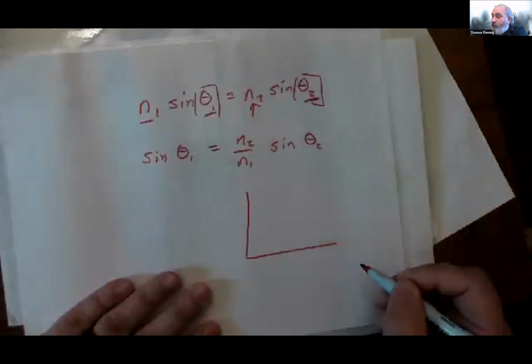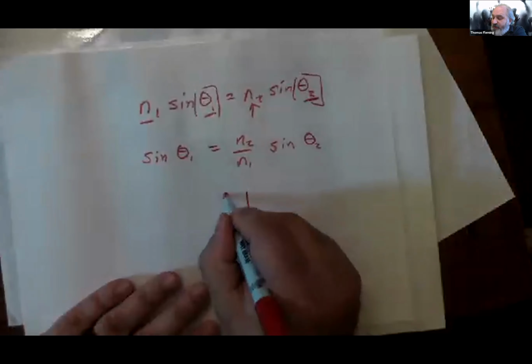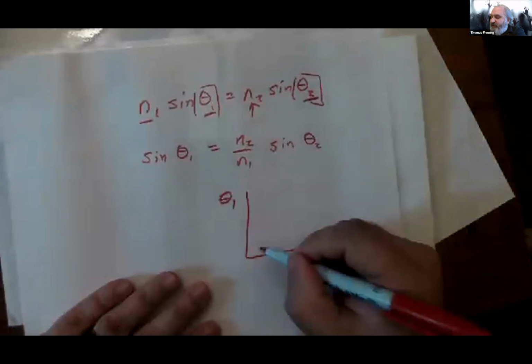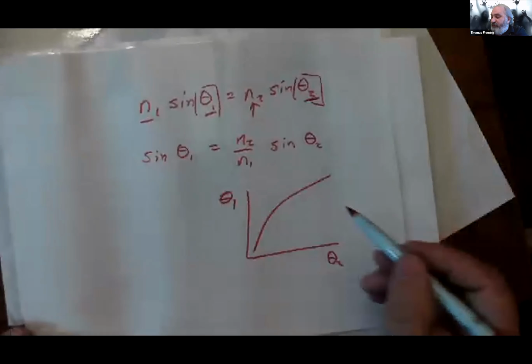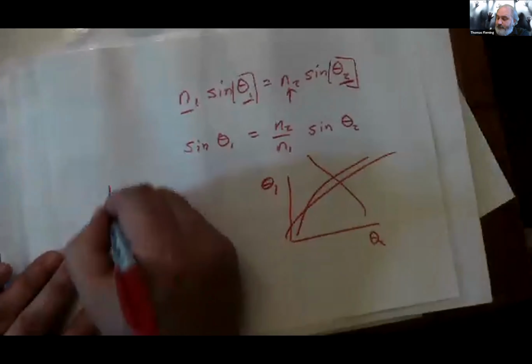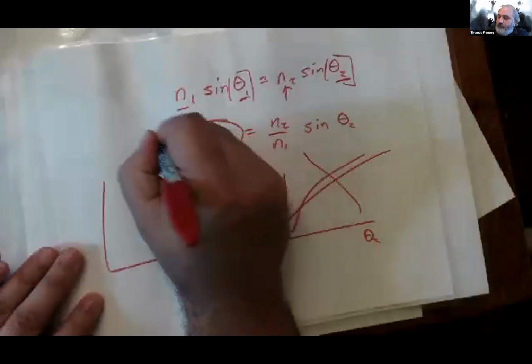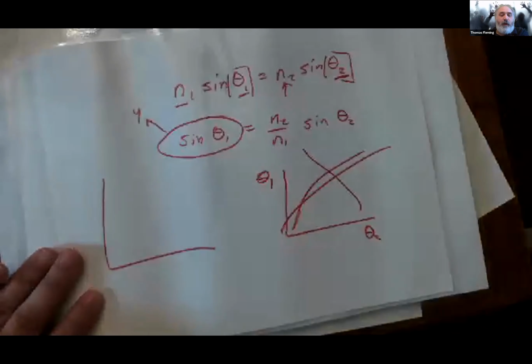Now, if they made a graph where theta 2 was one angle and theta 1 was the other angle, they'd get some kind of annoying curve. This sucks. Instead, what they did is they said, aha, this thing over here, we're going to call that y.